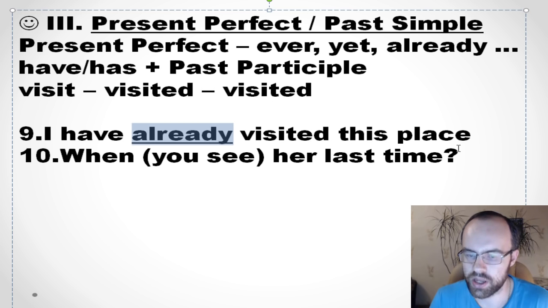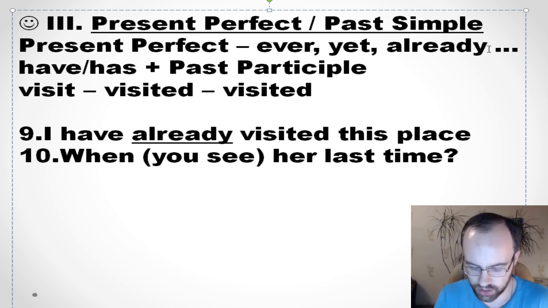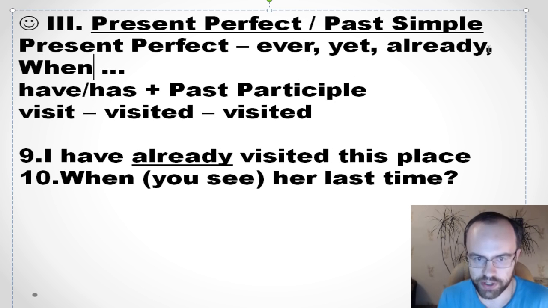So the next question, the next task. So when you see here last time, present perfect or past simple, you need to know that in questions with when, we never use present perfect, only past simple. It's a rule. So let's ask it in past simple.